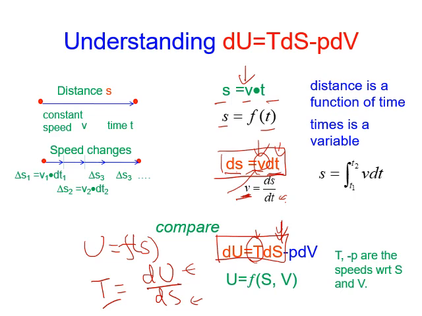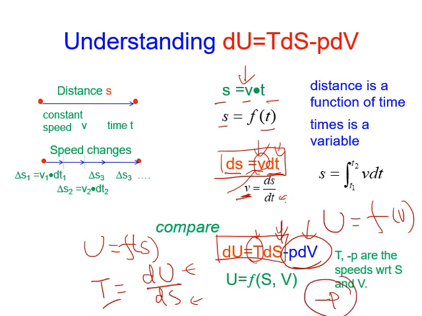Now if we look at the second term, you can see internal energy is a function of volume. So it changes with volume. And negative pressure then tells you how fast internal energy changes with volume. Again, just like speed tells you how fast distance changes with time.